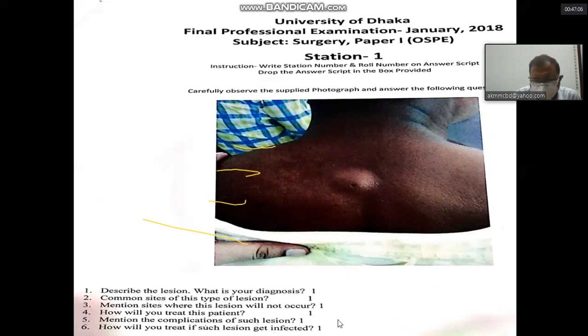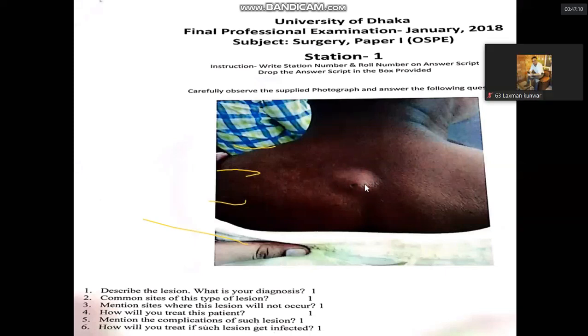There is a circular lesion, a lump or swelling, on the back, measuring about 1 inch in diameter, with a punctum in the center.